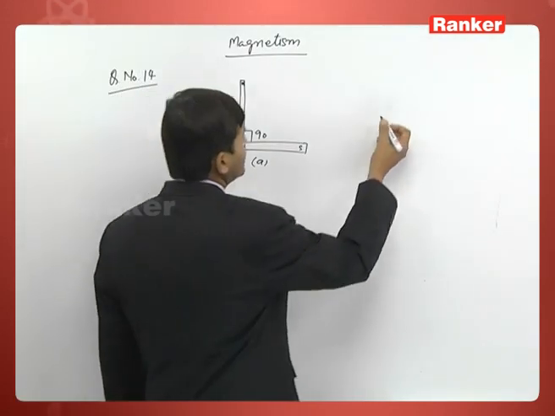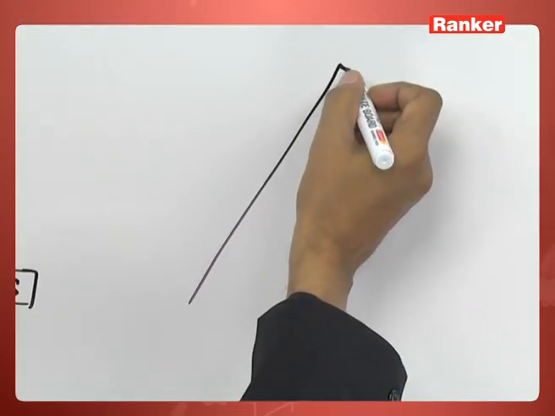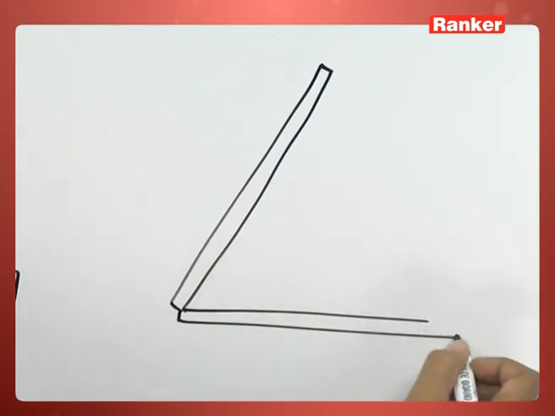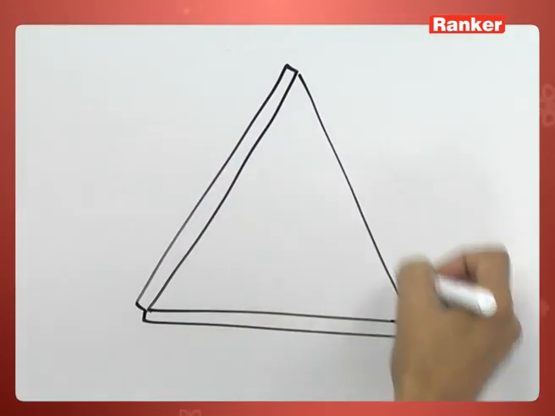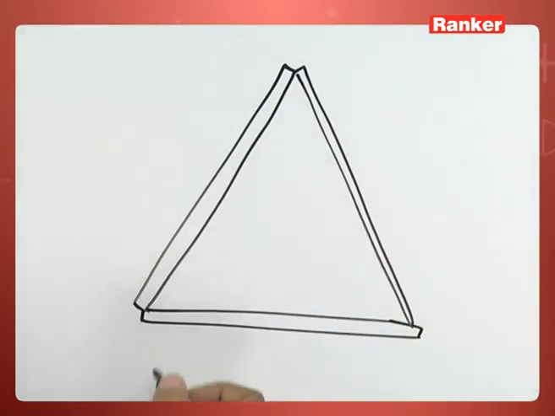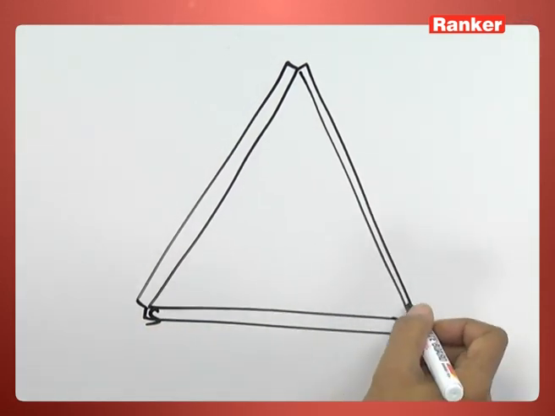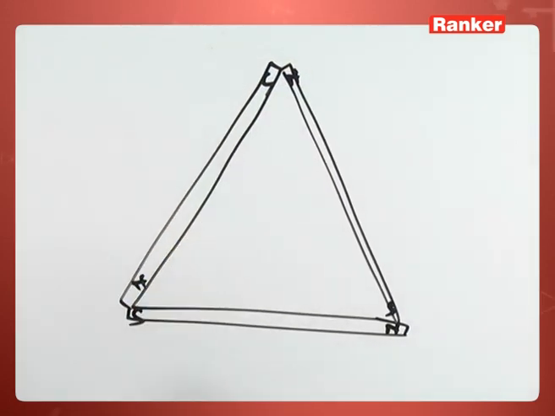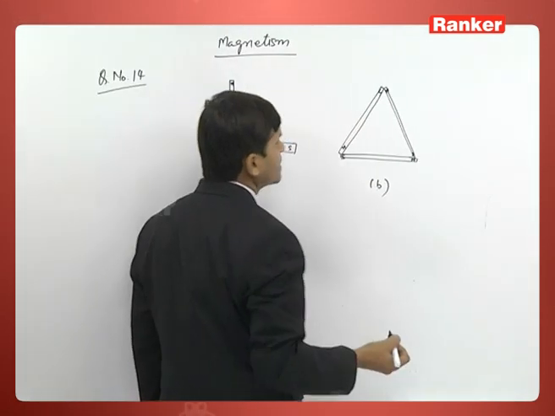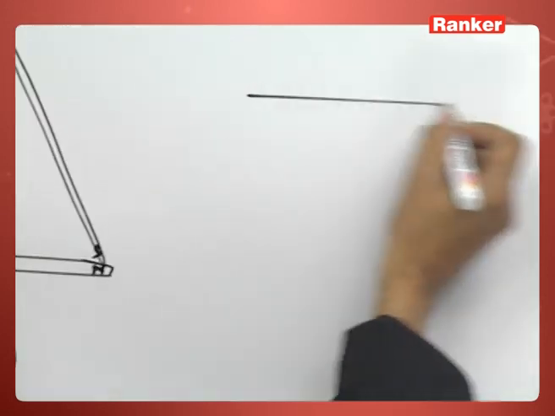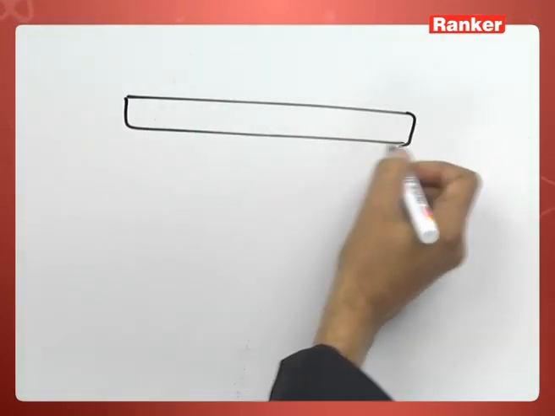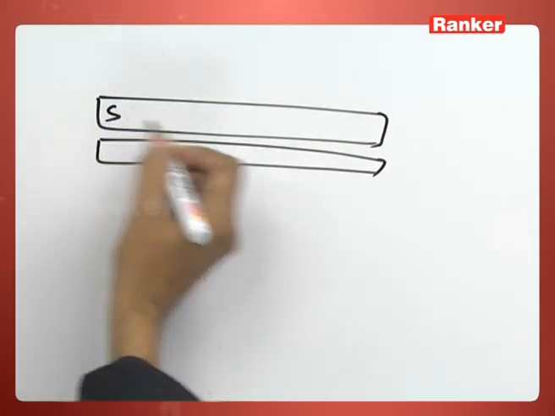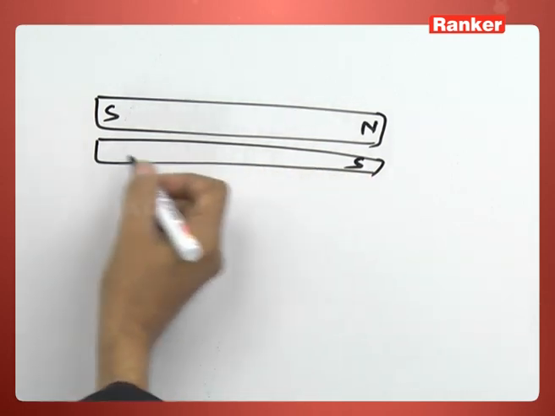And the second diagram, magnets are oriented like this, in the form of a triangle, south, north, south, north, south and north. And the third diagram, magnets are kept like this. Two magnets oriented like this, south, north. This is south and north.